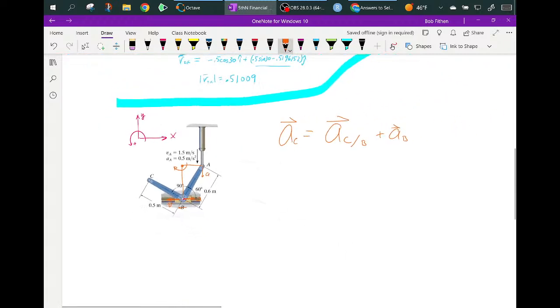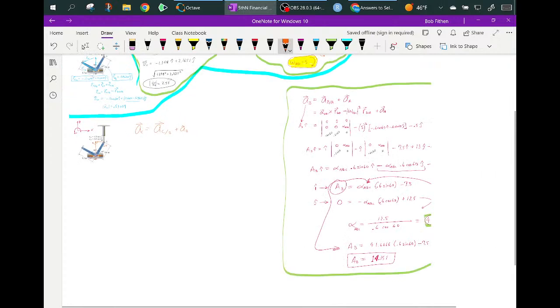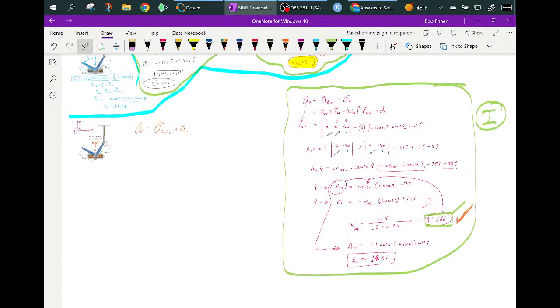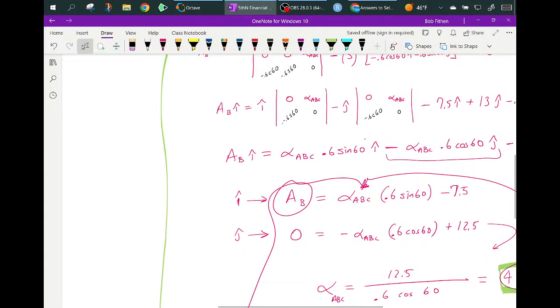That is interesting and can be a little disorienting, because what I'm saying is I assumed the acceleration to be positive in this direction.